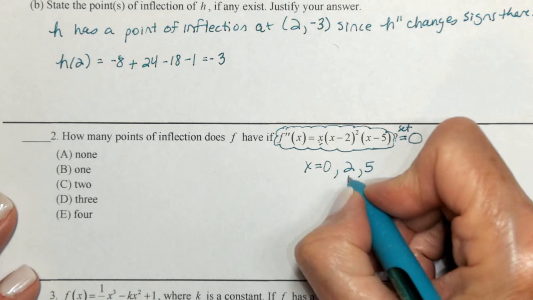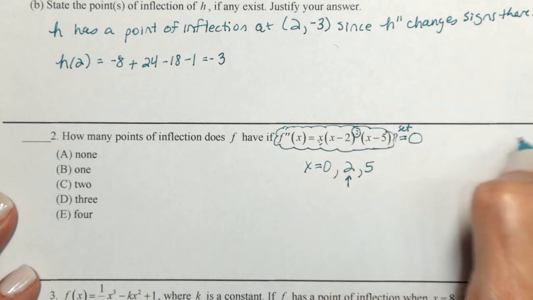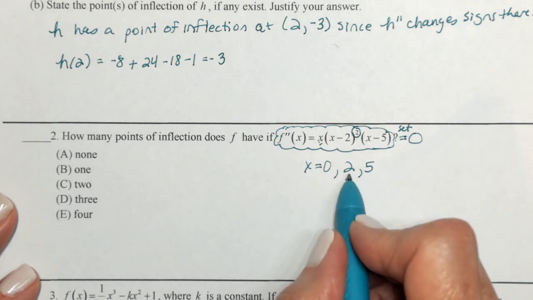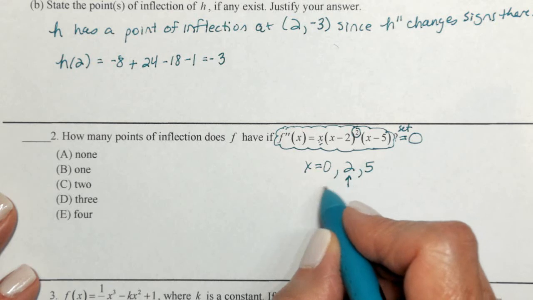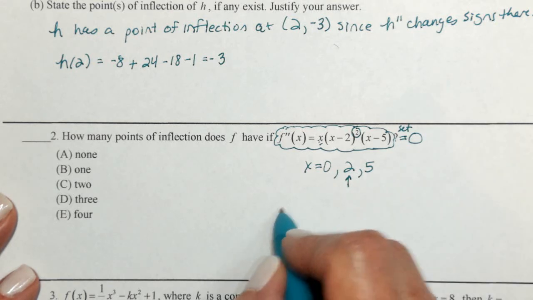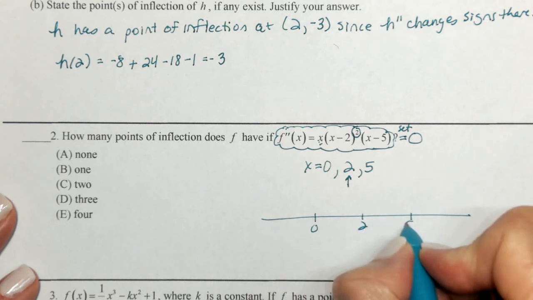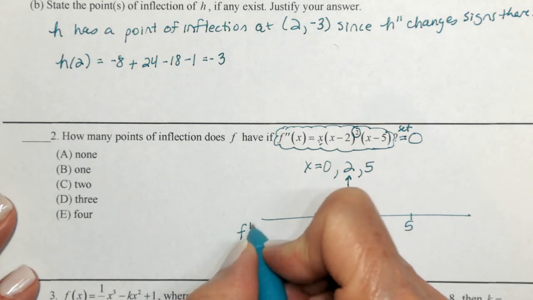Now, I do note that that 2 came from a double factor. So on the number line surrounding that 2, we will not have a sign change. In fact, I already know what my answer is. So let's take it another step here. We're looking at f double prime.